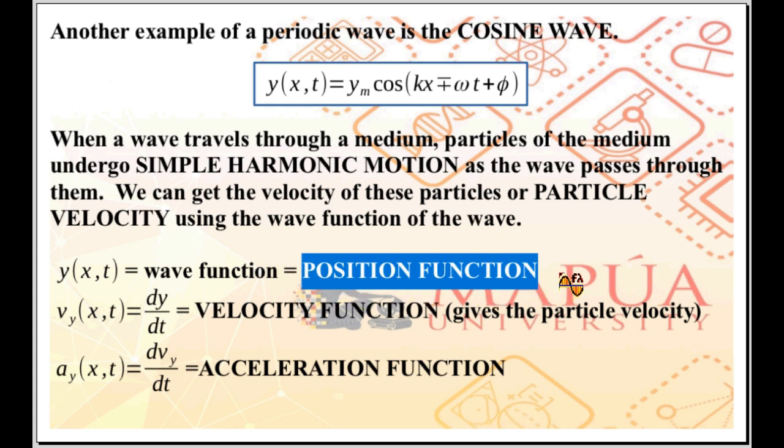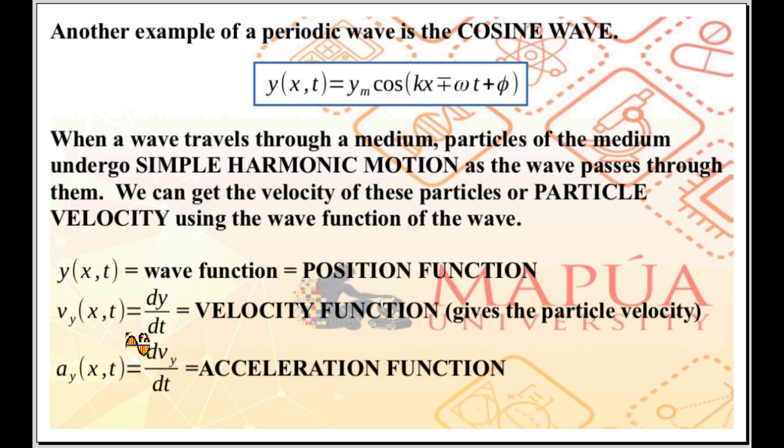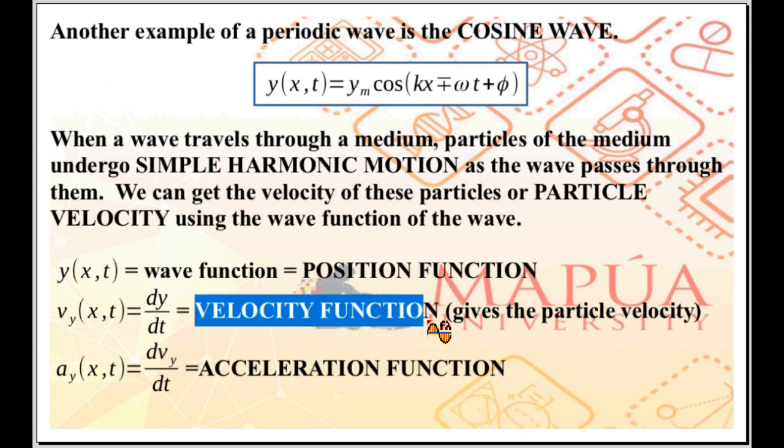And in kinematics, if you know the equation for position, you can easily get the equation for velocity by differentiating the position function with respect to time. So Vy of xt is equal to dy over dt, the velocity function.